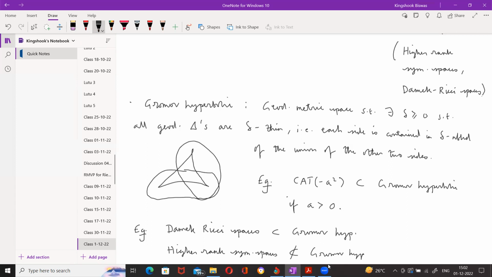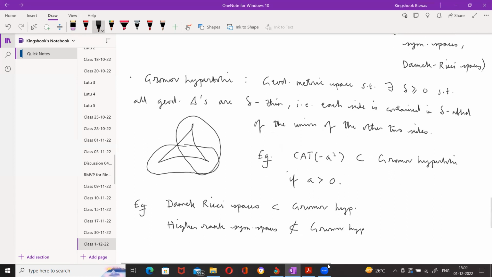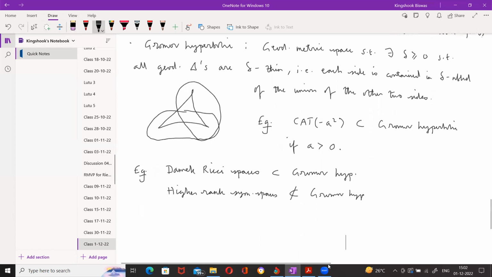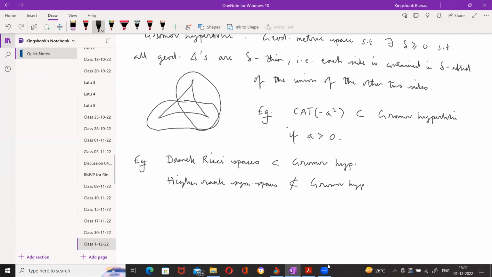So why are the higher rank symmetric spaces not Gromov hyperbolic? That's because the rank is at least 2. That means they contain isometrically embedded convex copies of R2, right? And in R2, you have triangles which are arbitrarily large, which are not delta thin.